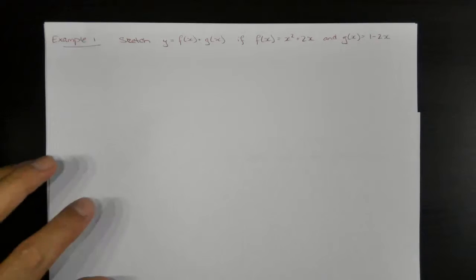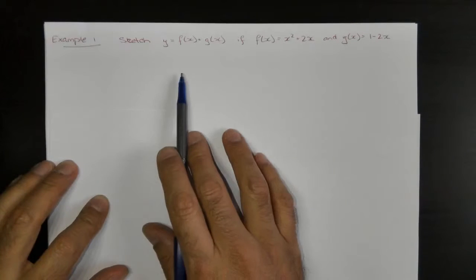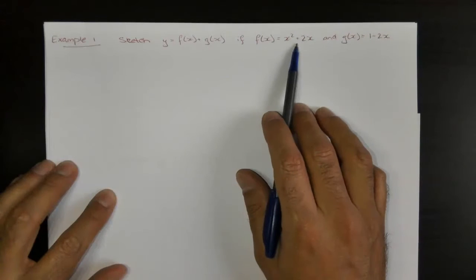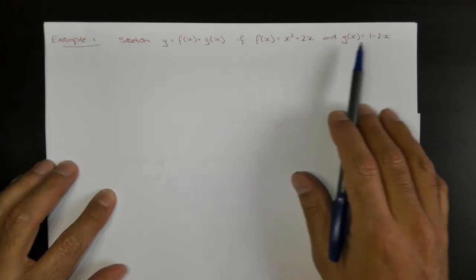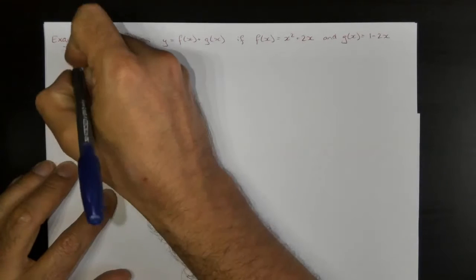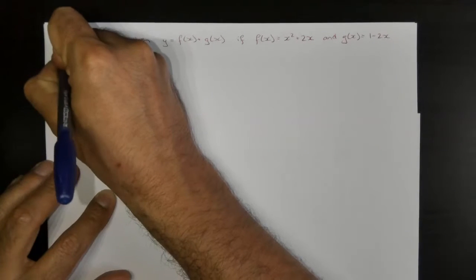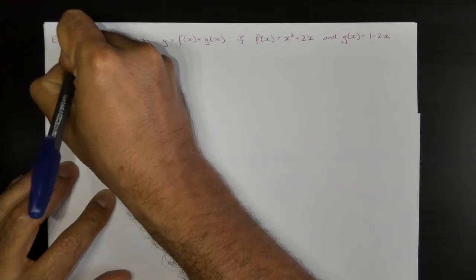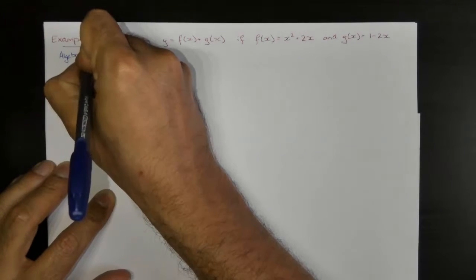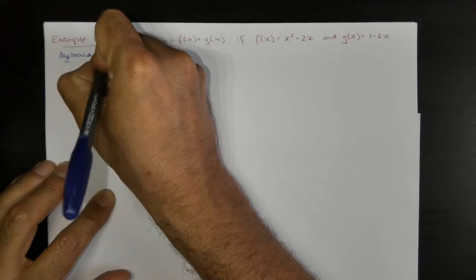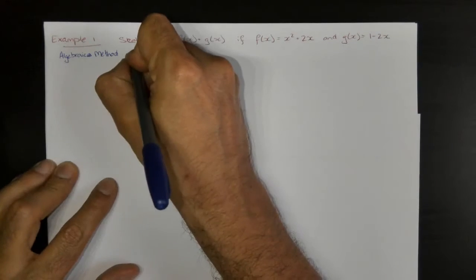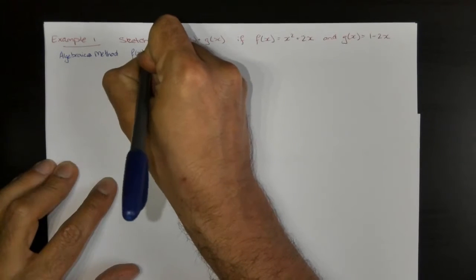Okay. Here we want to sketch the function f of x plus g of x, if f of x is x squared plus 2x and g of x equals 1 minus 2x. So we're going to add, let's do the algebraic method. All we're going to do is add f of x plus g of x.